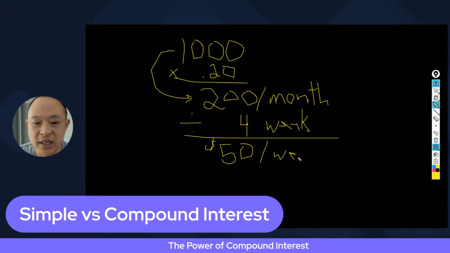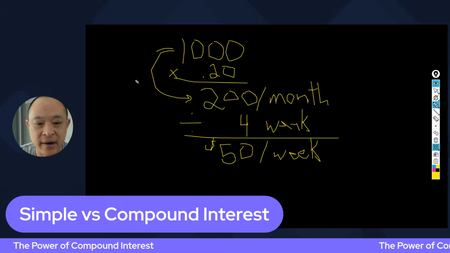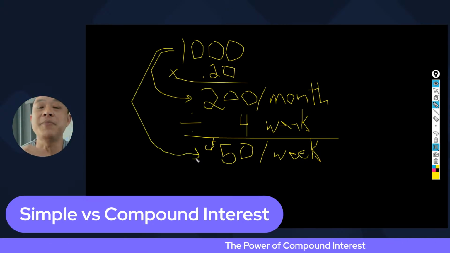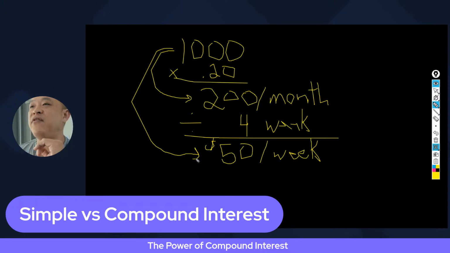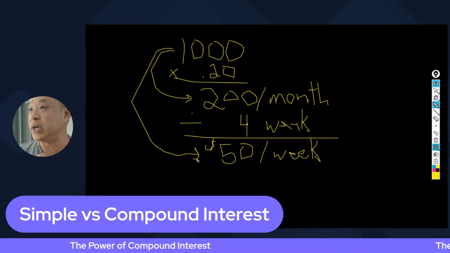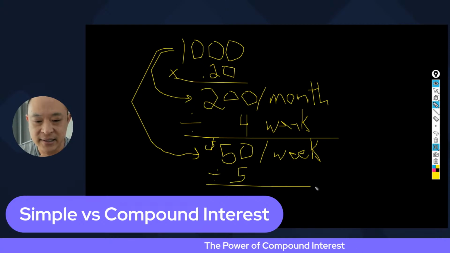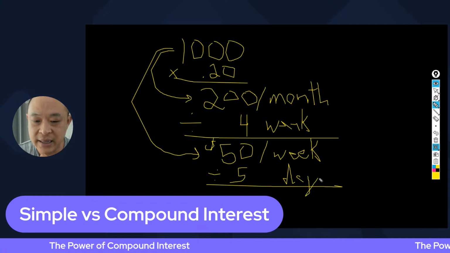Now, is that a little bit more realistic? Out of $1,000, can I generate $50 per week? Maybe. Now let's make it even more realistic. If you were to trade 5 days a week, right? Let's divide this by 5. If I divide 50 by 5, what is that? Because there's 5 days.